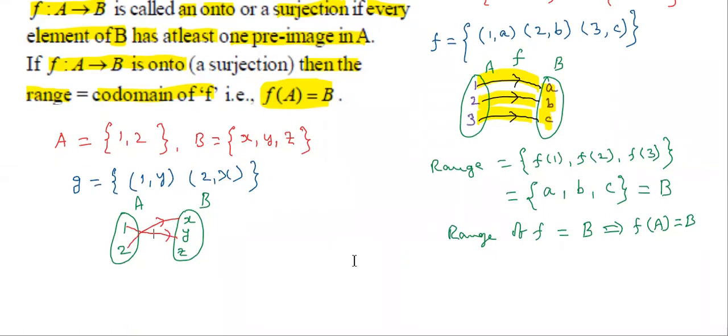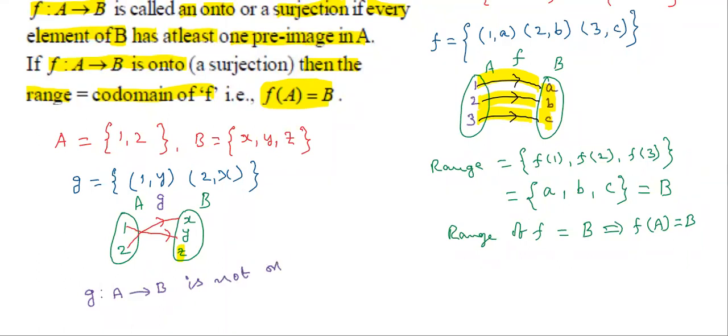What is the onto definition? Every element in the codomain has at least one pre-image. See here, Z is not having any pre-image. Z is not having a pre-image, that's why this function is not onto. G maps A to B is not onto.